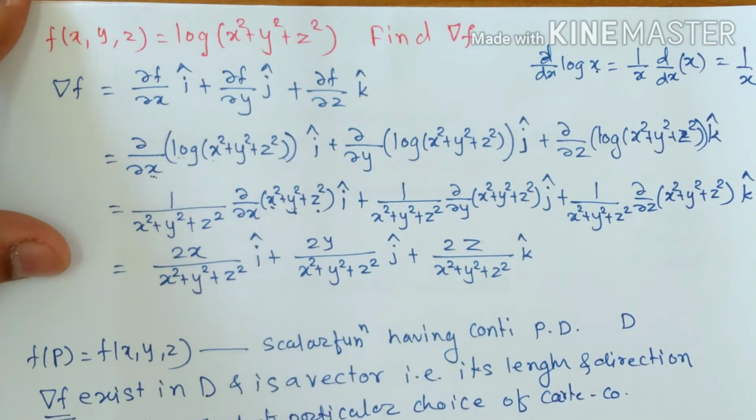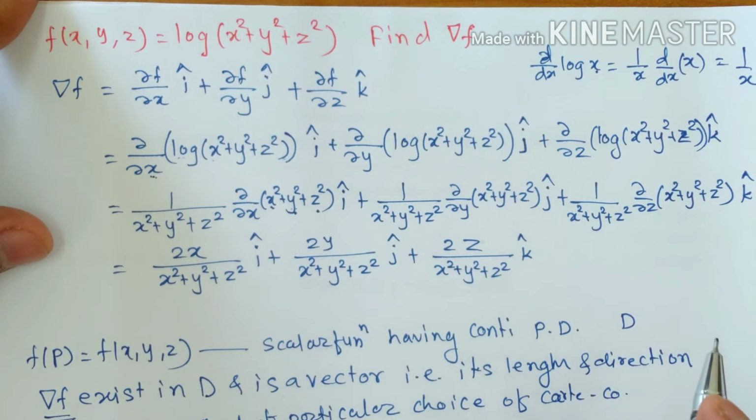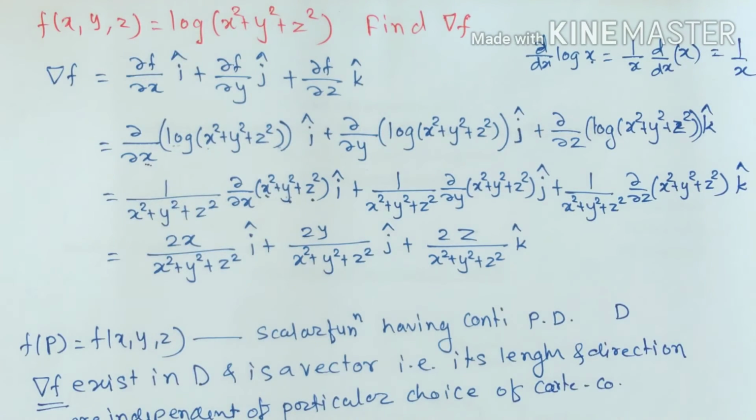That means whatever x, y, z you select, you will get the same value of the gradient of f. So if I am just selecting the points from a spherical surface, then the vector which is obtained, del f, will have independent direction and length. There is no connection between them.